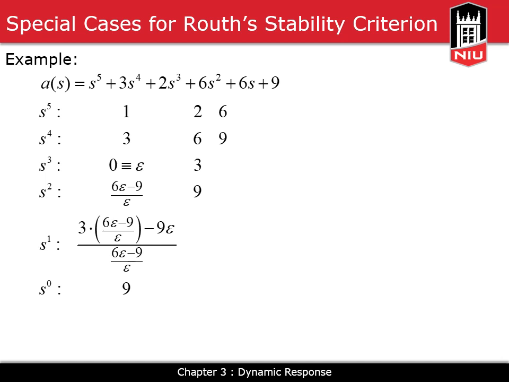Here is an example. We have a characteristic polynomial here. 1, 3, 2, 6, 6, and 9 are the coefficients. We put those in the first two rows. Then we find the next row.